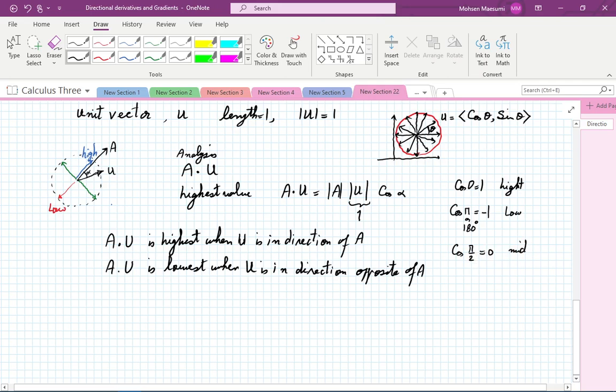Okay, maybe that's enough review of trigonometry. Let's just note one thing. When it reaches the highest value, what is that highest value? So this is 1, this is 1, and all that is left is just the length of A. So that's what I write.